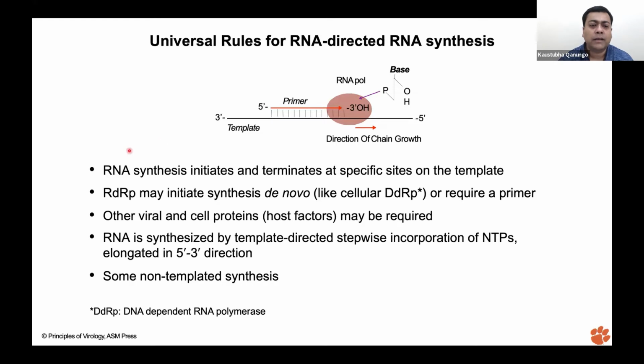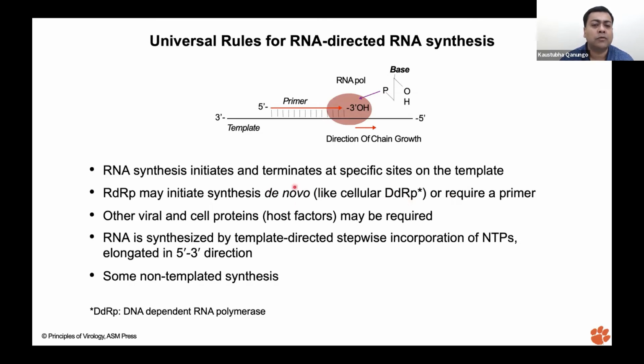So, just a couple of things here. RNA synthesis initiates and terminates at a specific site on the template. This is important. And the RNA-dependent RNA polymerase may initiate the synthesis de novo, like the cellular DNA-dependent RNA polymerase, or may require a primer. The cellular DNA-dependent RNA polymerase doesn't require a primer.